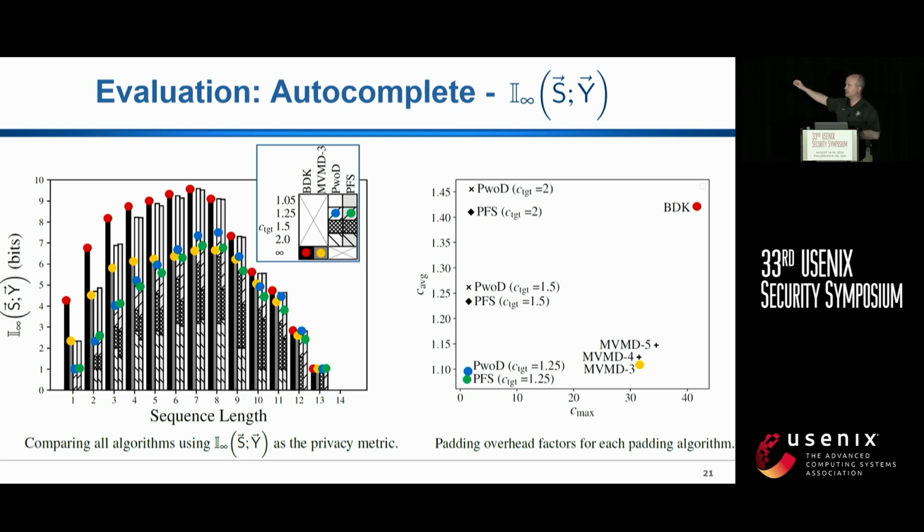There's 2 sequence lengths here at 7 and 8 where NVMD just barely edges out, but then PFS starts to win. And then also PFS beats PWAD once you get past the first couple sequence lengths. And then on the right, we see that it does this with very little padding overhead compared to especially NVMD and BDK, which do not take C target as an input.